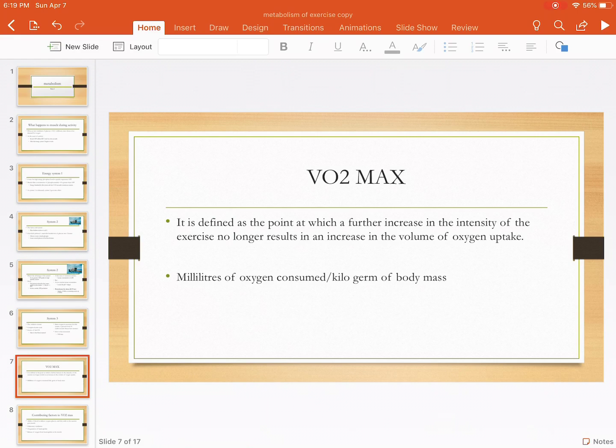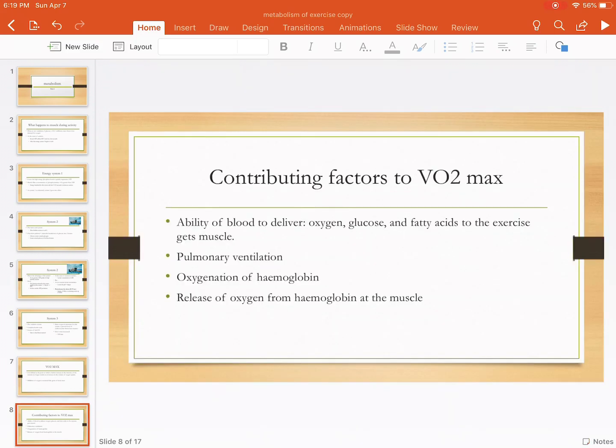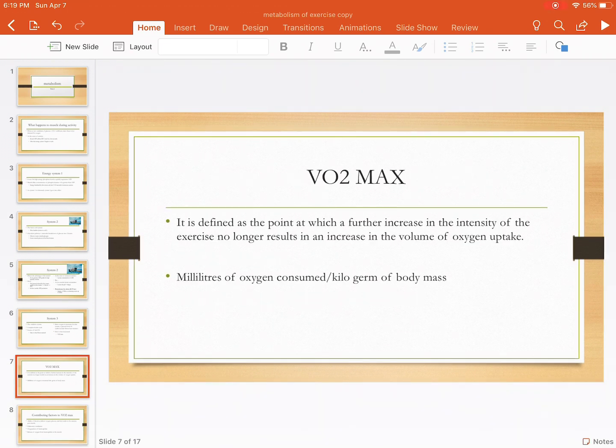This value can change as you get more physically fit. All right. It depends on a number of factors. There are contributing factors to it, but a person that does not exercise a lot has a lot lower VO2 max level. Maybe 20 to 30% is the VO2 max level.